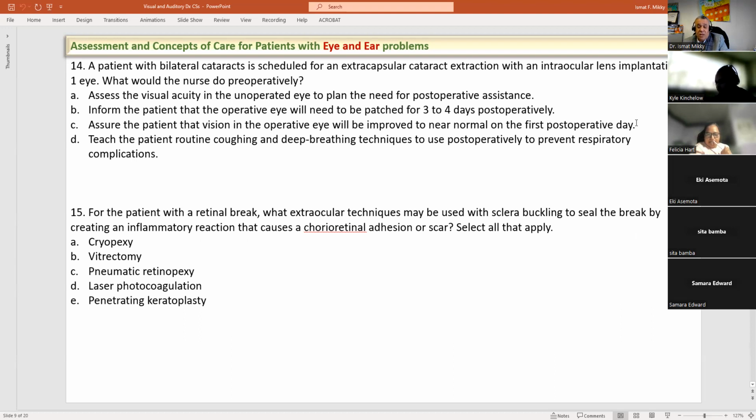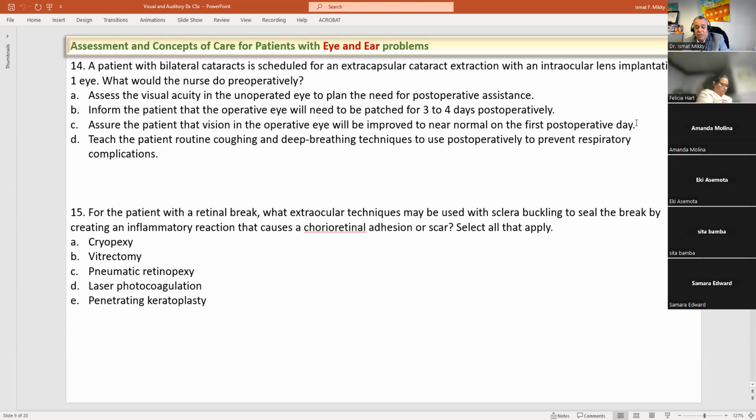14. A patient with bilateral cataracts, so both eyes are affected, not equally, but to different extents, is scheduled for an extracapsular cataract extraction with lens implantation. What would the nurse do pre-op? Would it be A? A. Right. Yes.